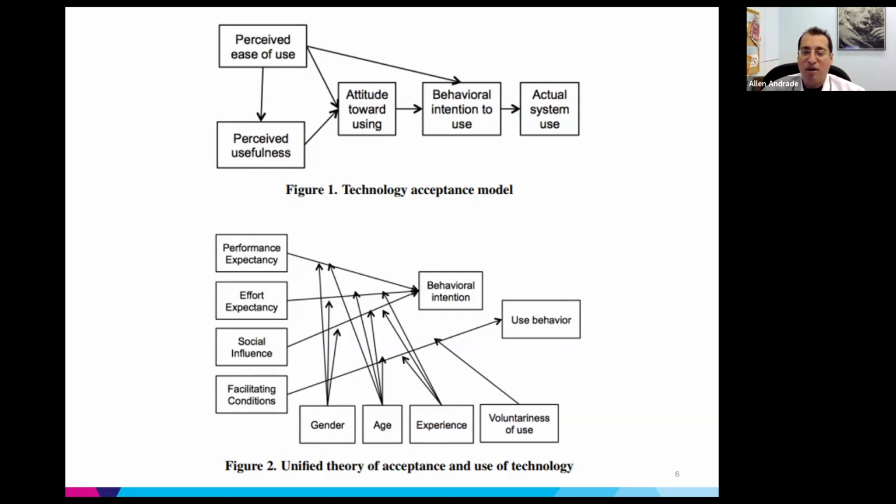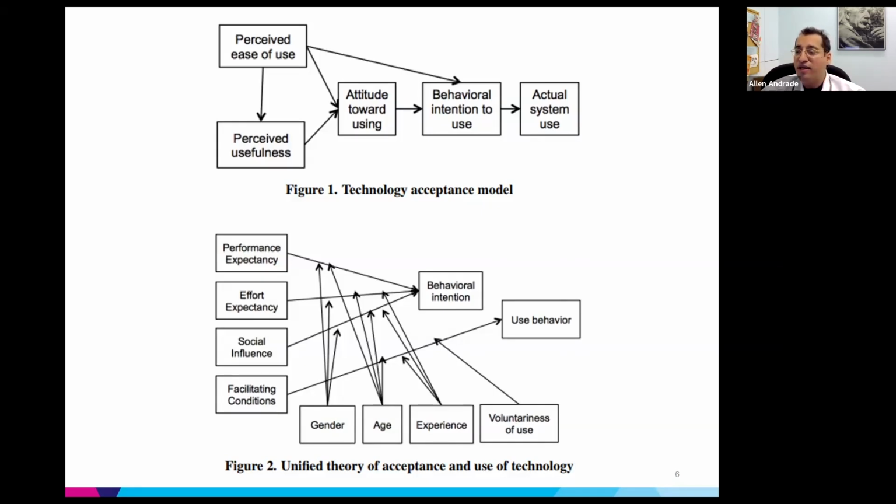And this theoretical framework has a few more factors, which include if there is an expectation that the technology will perform well, if the amount of effort needed to use the technology is minimal, if your colleagues, friends, family use the technology and it seems to influence adoption, and if your institution, your job, your environment seems to suggest that adoption of the technology will provide value, that can also facilitate use of the technology.